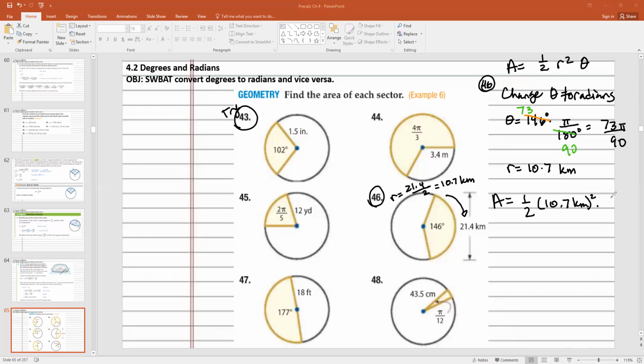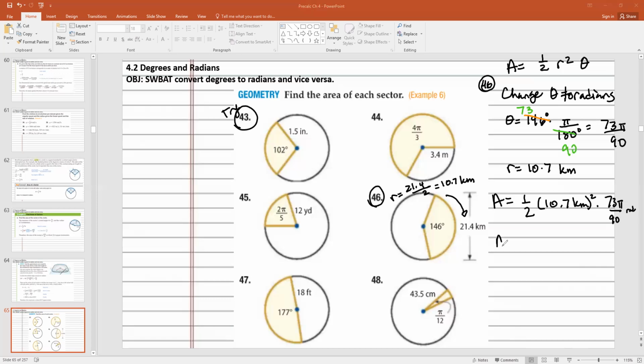The radians again, it's like a placeholder. It's there, but it's not really there. It's not going to change anything. So our units are going to be kilometers squared.